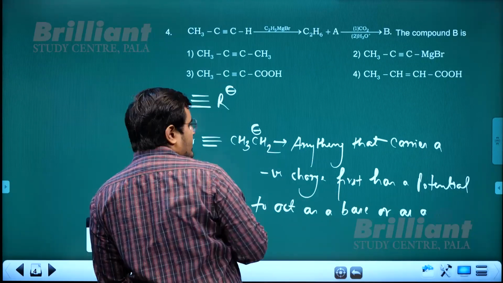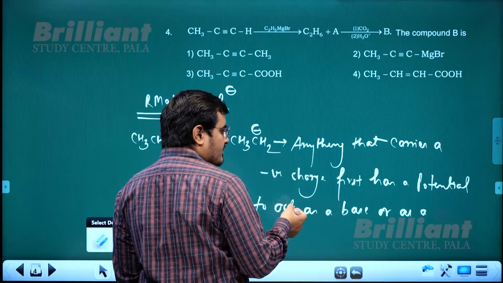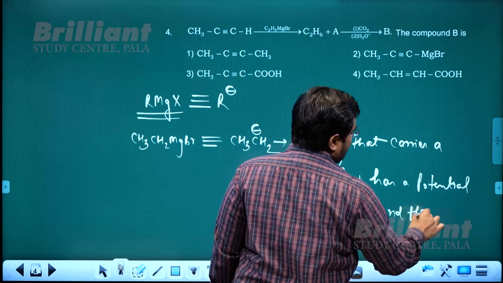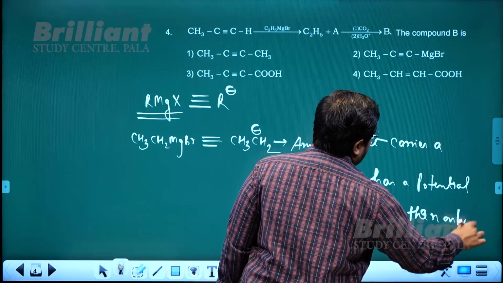It has first potential to act as a base, then only as a nucleophile.